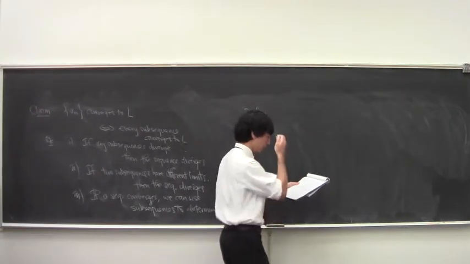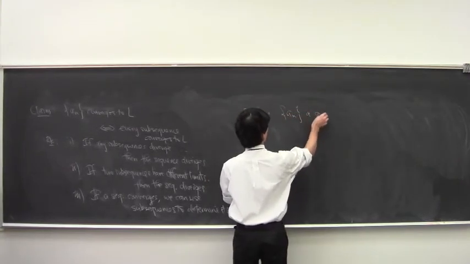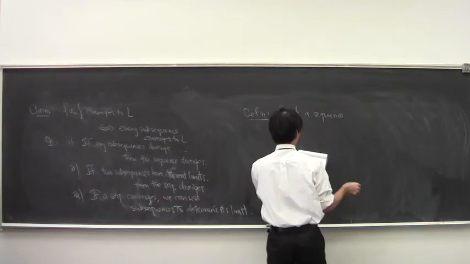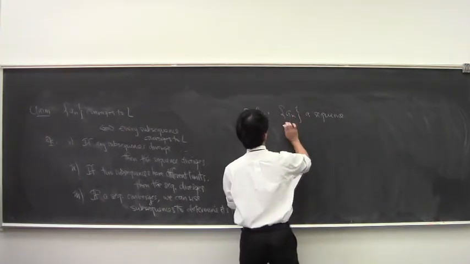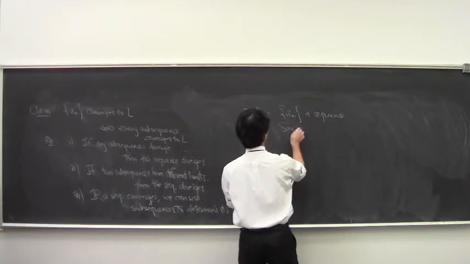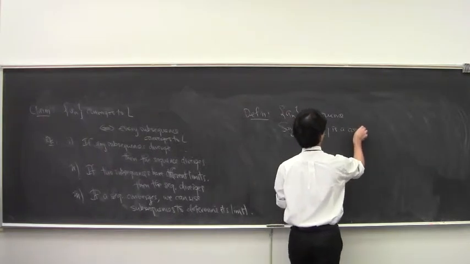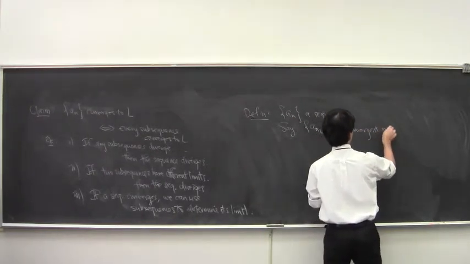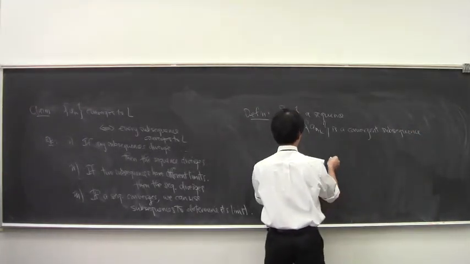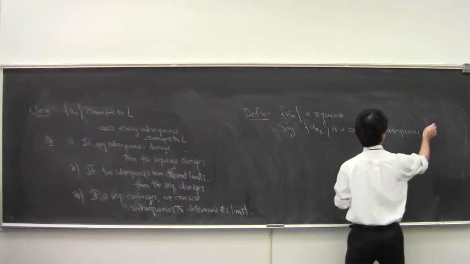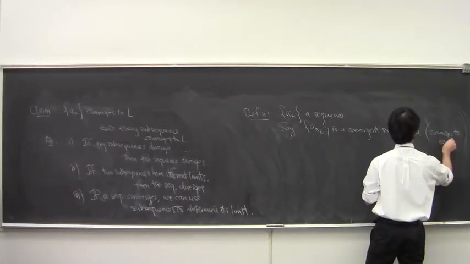And those lead to the following notions. If you have a sequence, and let's suppose that a sub n_k is a convergent subsequence, let's say converges to some alpha.